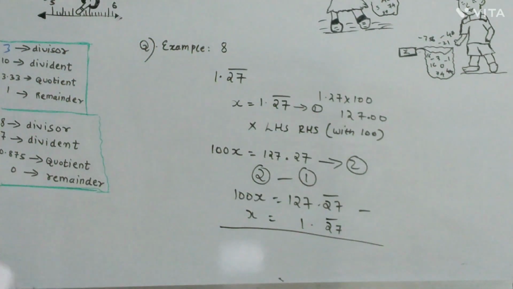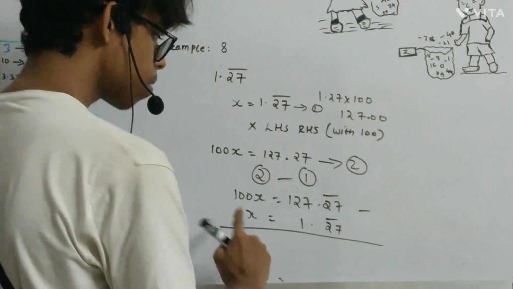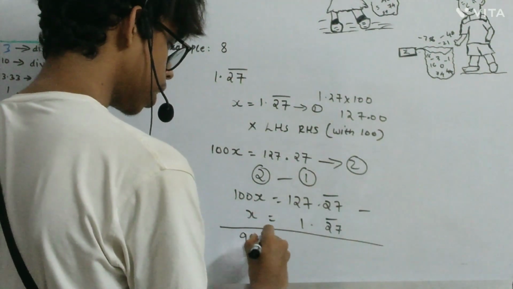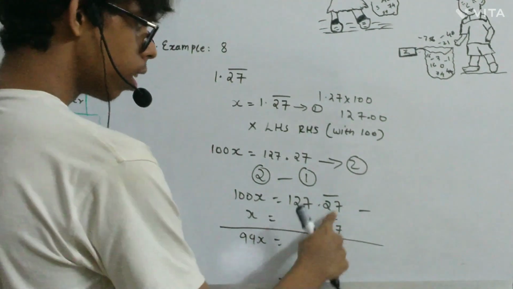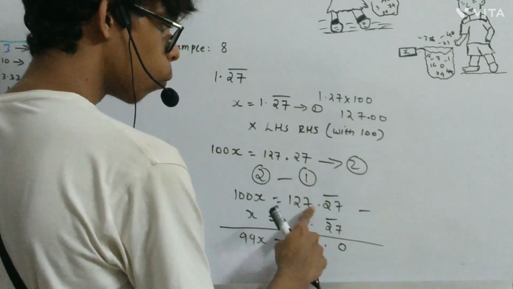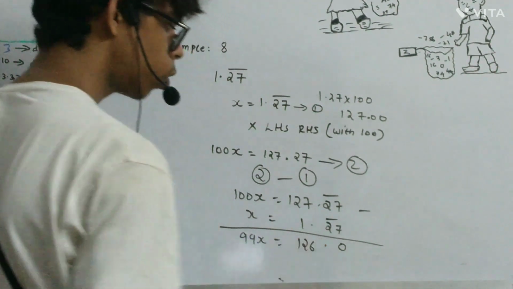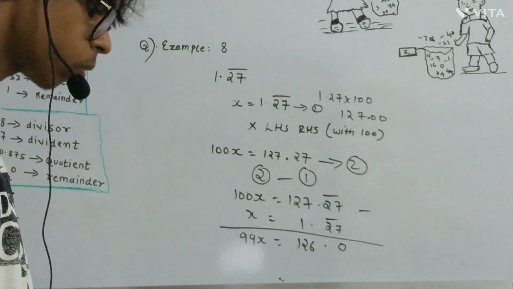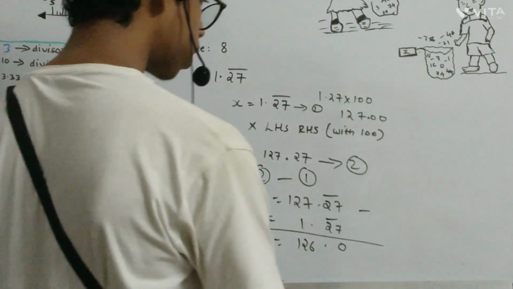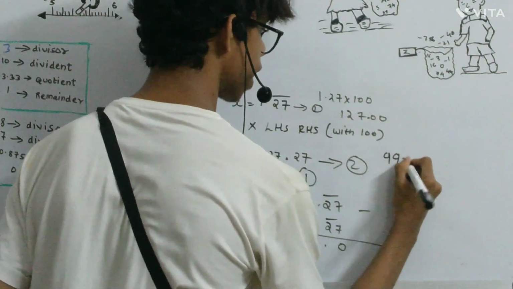So when you subtract it, 100 minus 1 we know is 99x. Similarly, 27 minus 27 you will get a 0 over here. Similarly, 127 minus 1, it is what? We will get 126.